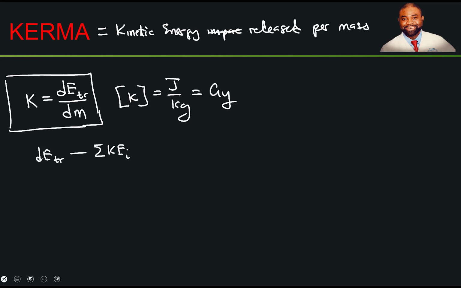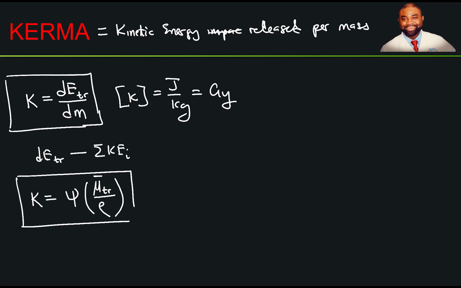So mathematically, the KERMA is equal to the energy fluence multiplied by the average mass energy transfer coefficient. The mass energy transfer coefficient is a coefficient that measures the amount of energy transferred to the liberated charged particles within a given medium.